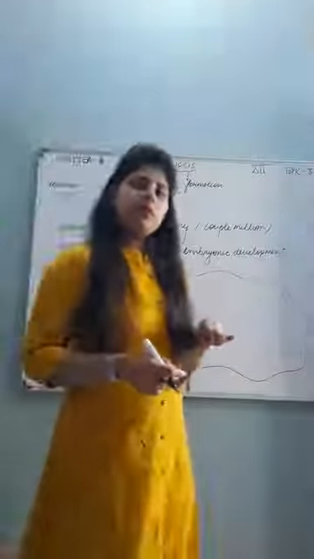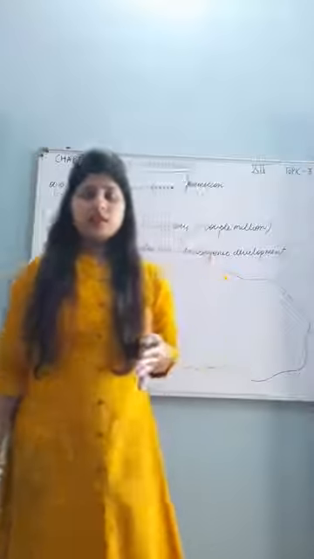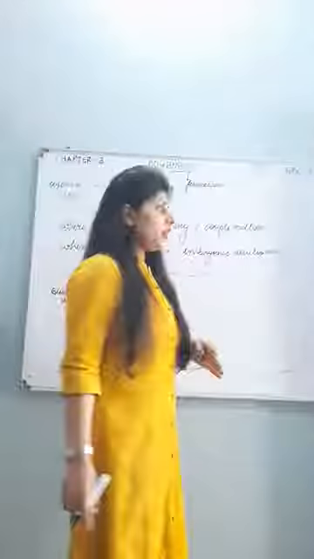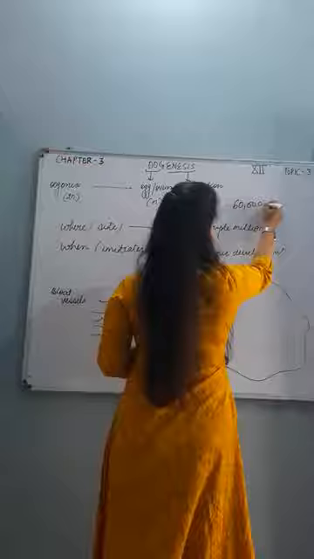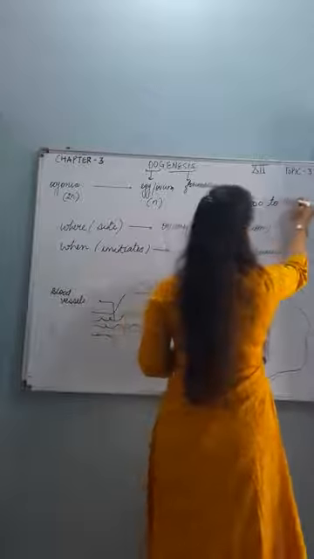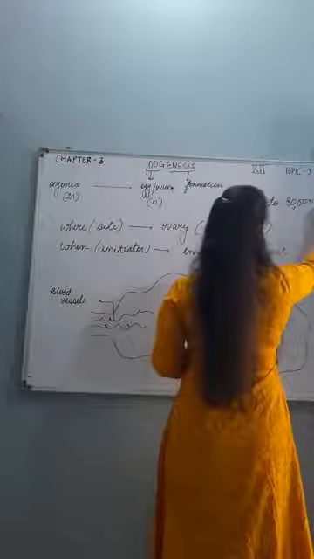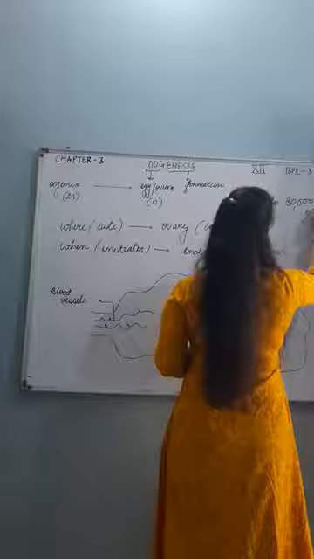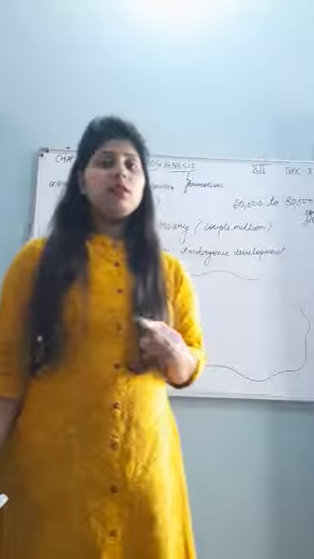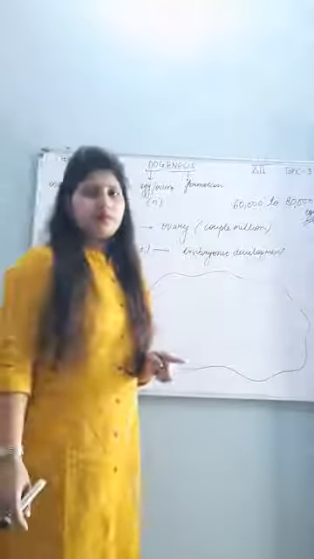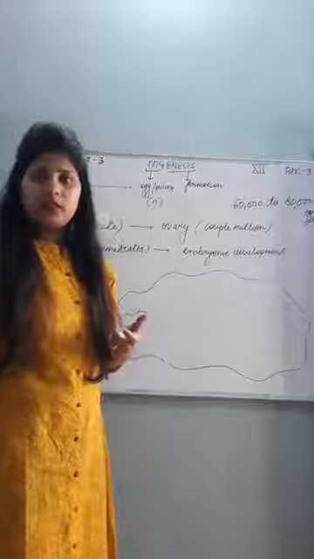Till the time of birth, several are degenerated, several are destroyed. So around 60,000 to 80,000 eggs just remain in each ovary, and after that no egg is being formed. So this is also an important point.